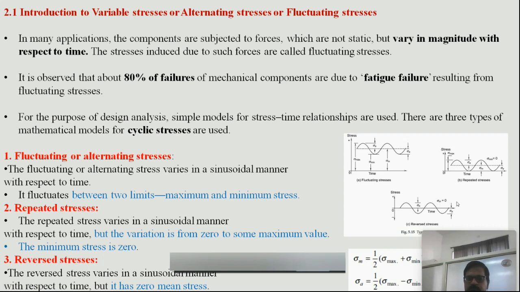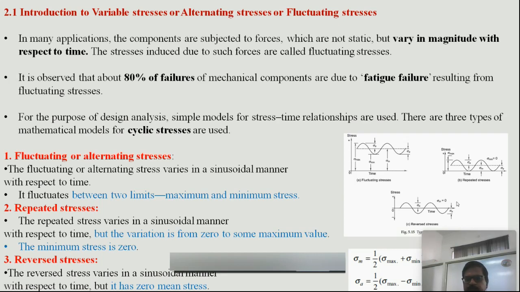This may occur on rotating members like shafts. The shaft is subjected to a load in the downward direction from a contact point, and the shaft rotates. Then the contact point changes with each degree of rotation.